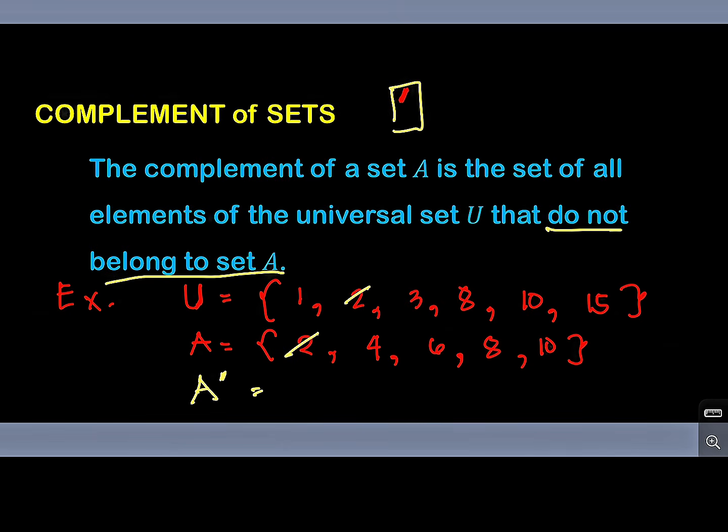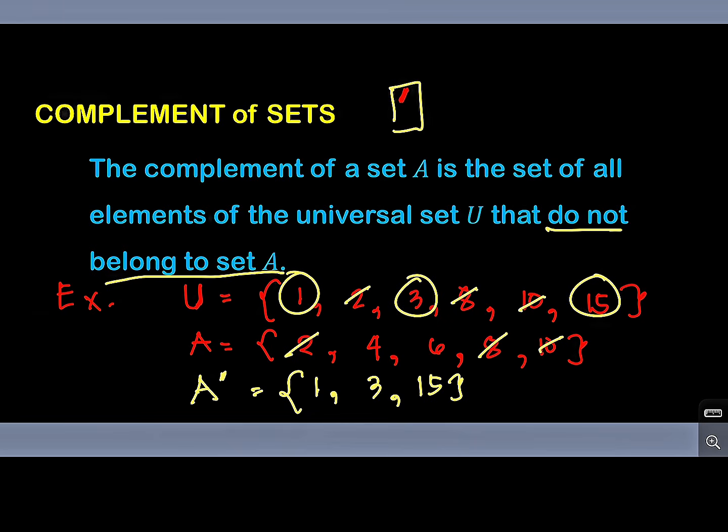Just remove the common elements, and the remaining ones, the opposite of set A that will complete set A itself, because complement means completeness. The complement of set A is the set of 1, 3, and 15 after removing the 2, 8, and 10 from the universal set.